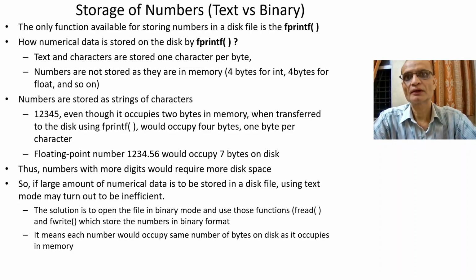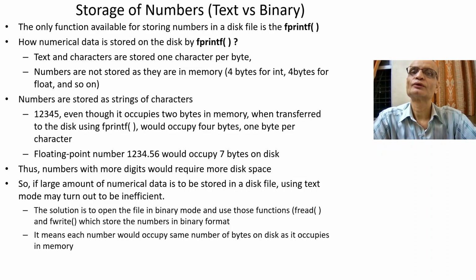So if you have a large amount of numerical data which you want to store in a disk file using text mode, then it turns out to be inefficient. So what is the solution now? The solution is typically you open a file in binary mode, and the functions that will help you to carry out binary mode file operations are fread and fwrite.